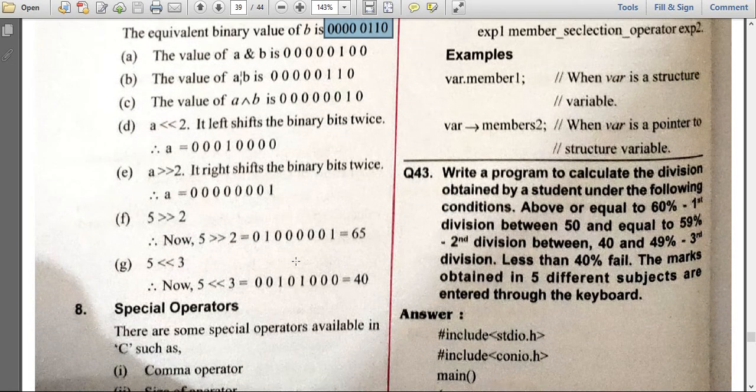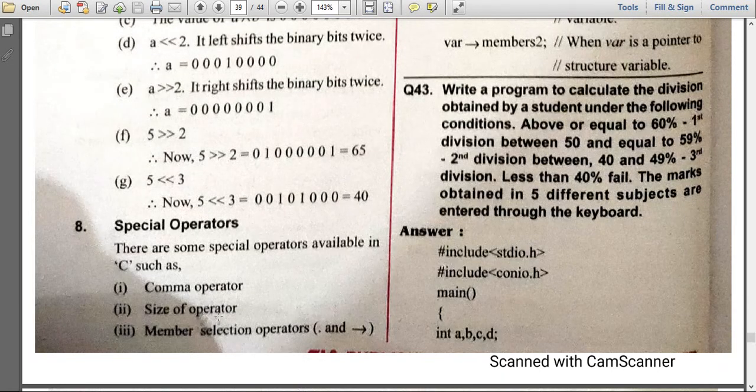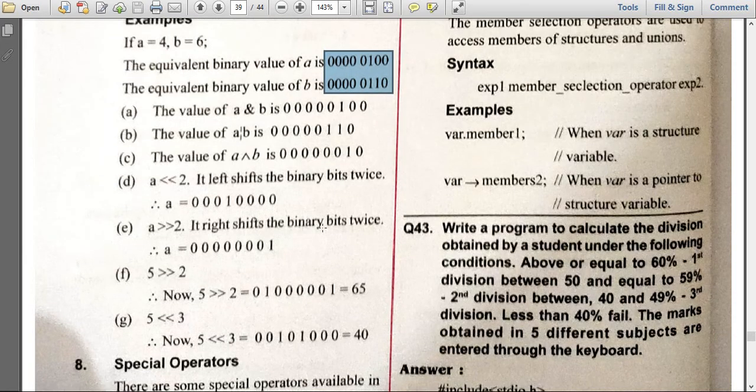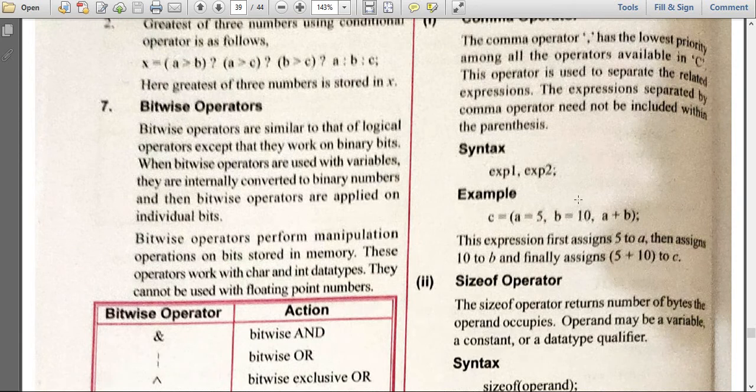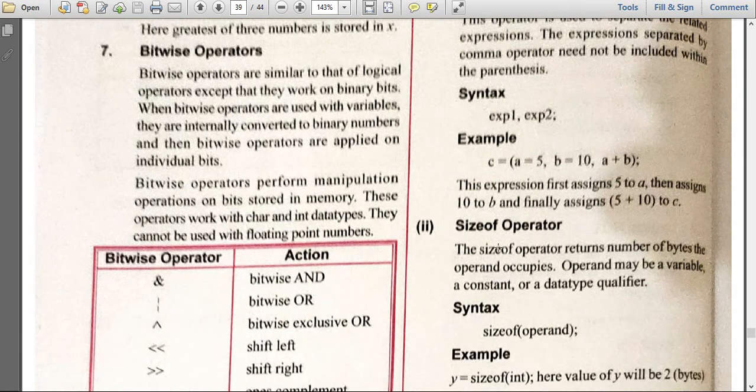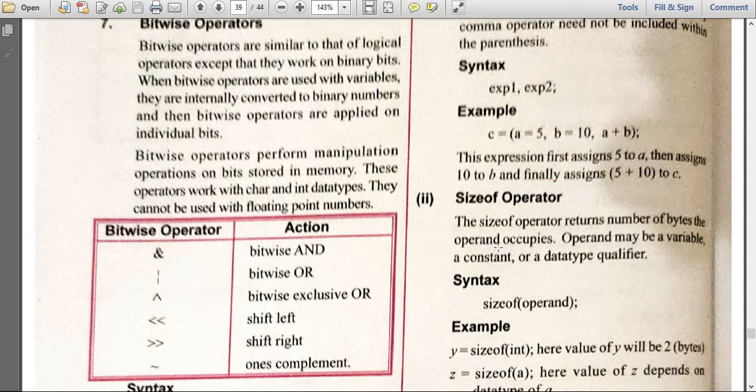Next we have some special operators. They are the comma operator, sizeof, and member selection. The comma operator is used to separate variables, expression 1 comma expression 2, like that. The sizeof operator is used to tell the size of an operand. For example, if I declare an integer variable int y and write sizeof y, it will give 2 as the result. Why?